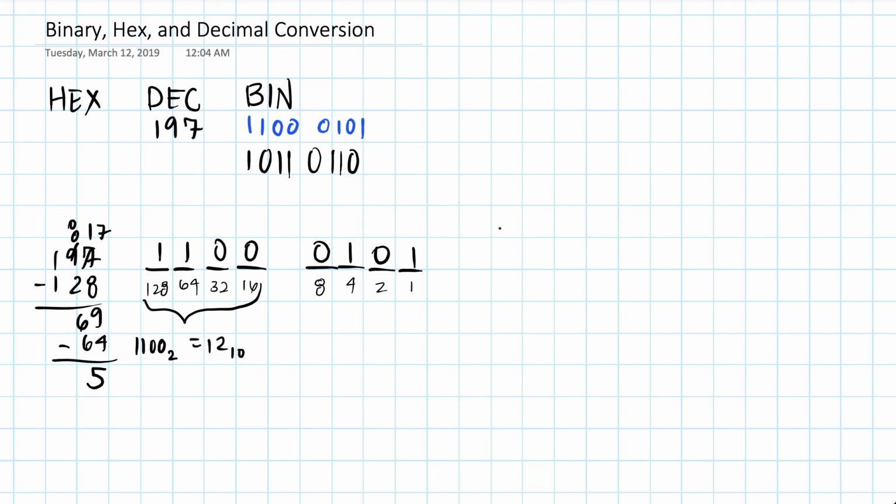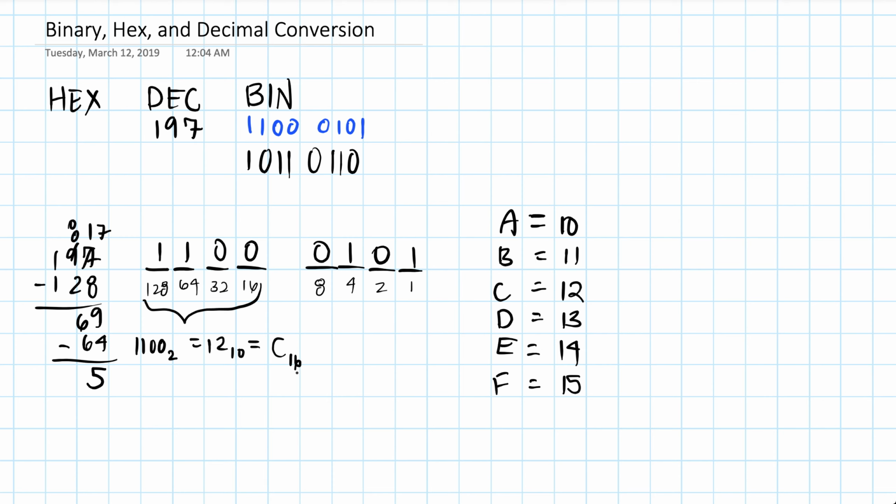You guys remember that when we get past 9 in hexadecimal, the digits become letters. So I'm just going to write out what all these numbers are. Okay, so we go from A to F, 10 to 15. So we can see that 12 base 10 is going to equal C in hexadecimal. So that's C base 16.